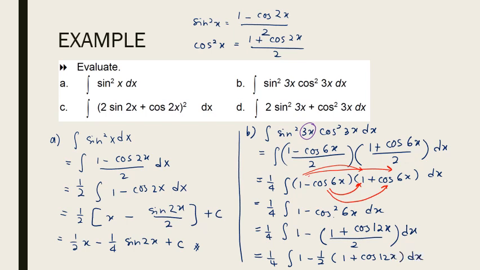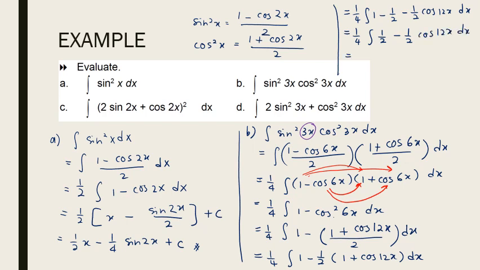Okay, I'll continue at the upper page. Now we can integrate. Let me simplify more: 1 over 4 integrate 1 minus 1 over 2 minus 1 over 2 cos 12x dx. Simplify again: 1 over 4, 1 minus half, minus half cos 12x dx.